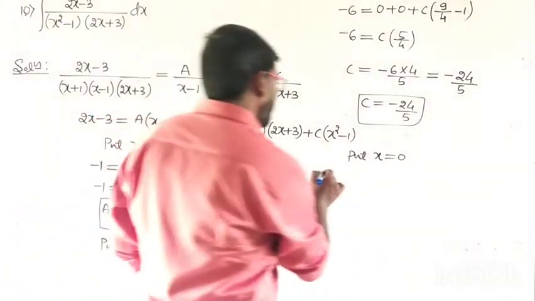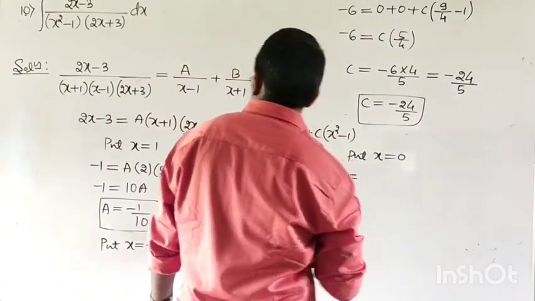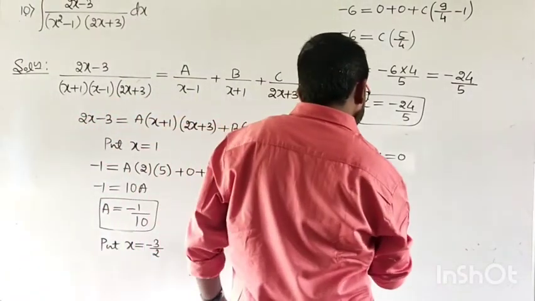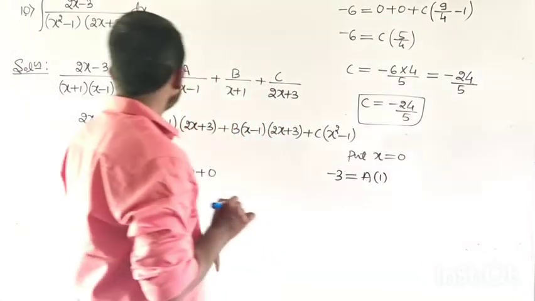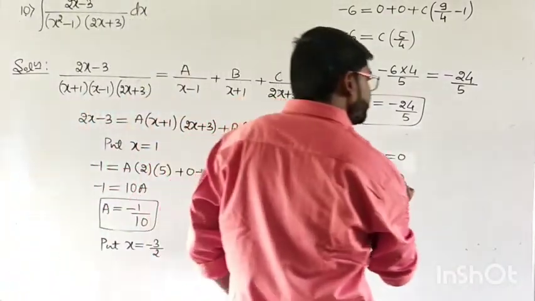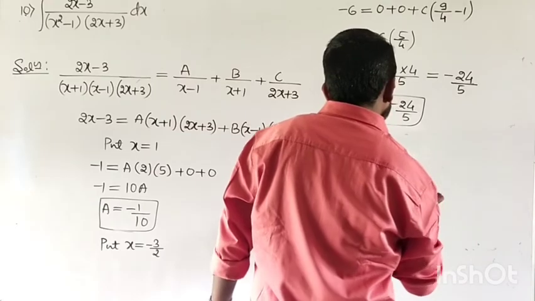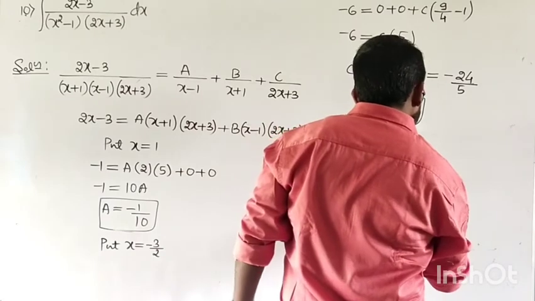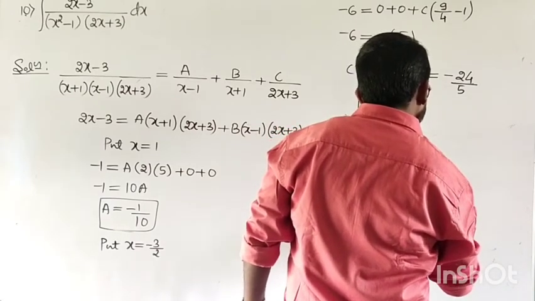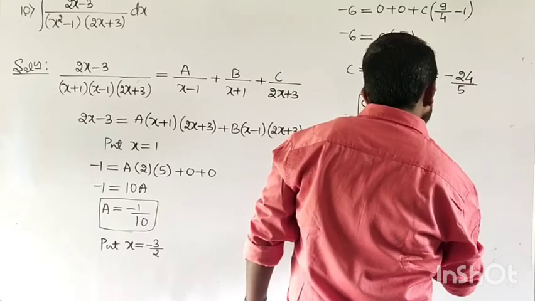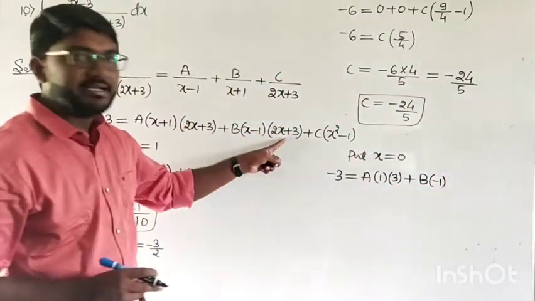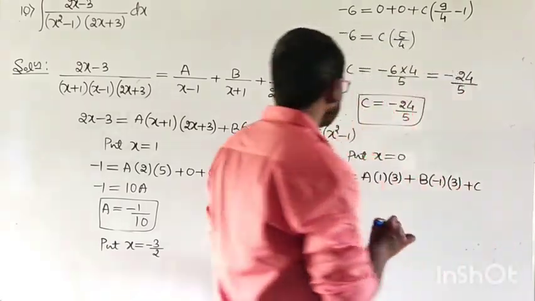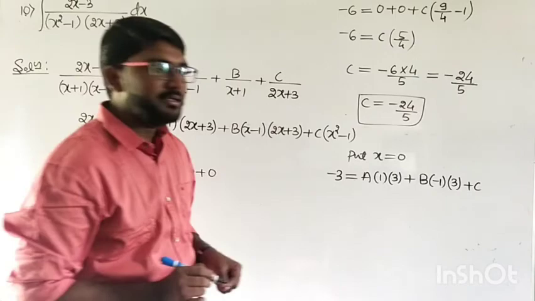We get minus 3, which is equal to, if you take X as 0, A into 1, then here it is 3, plus B into minus 1, here we get 3, plus C into, so 0 minus 1 will be minus 1.